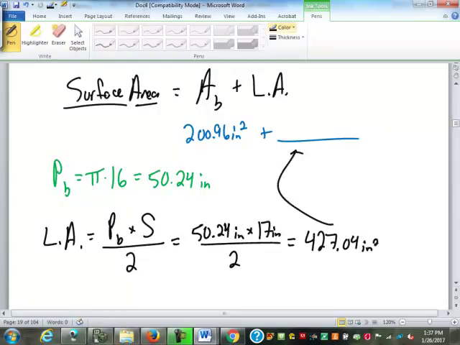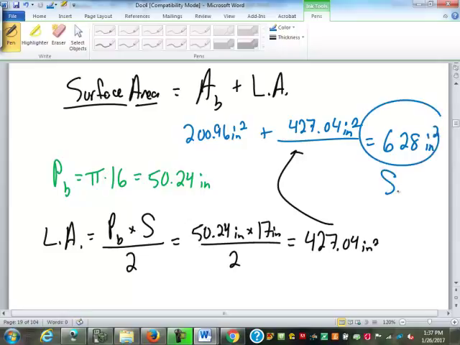That is my lateral area. Which means we've got 628 square inches of total surface area.